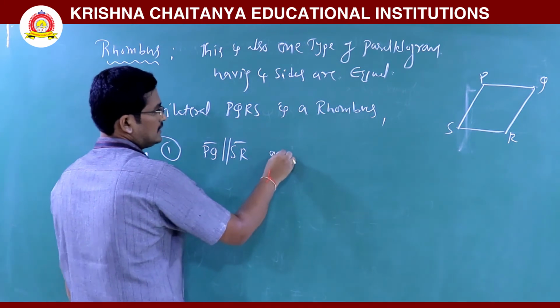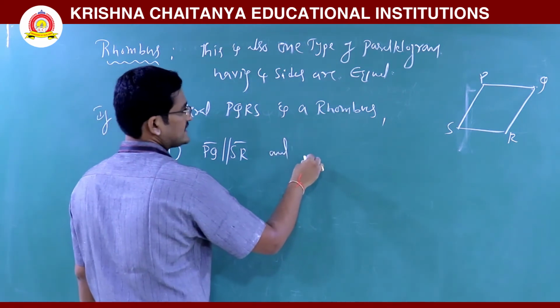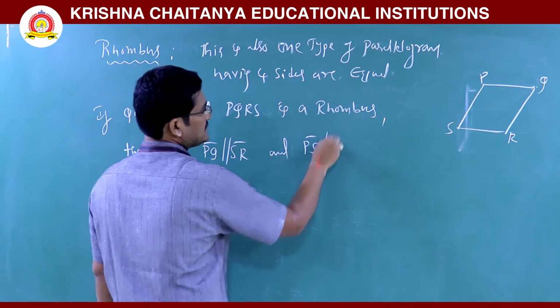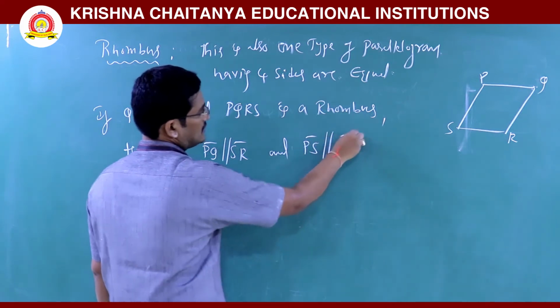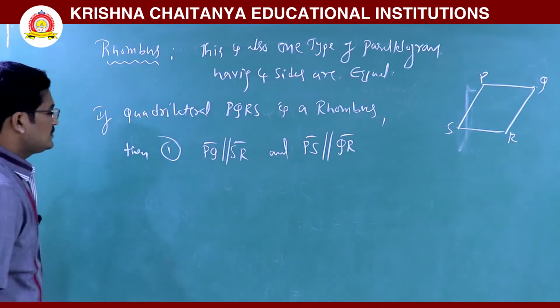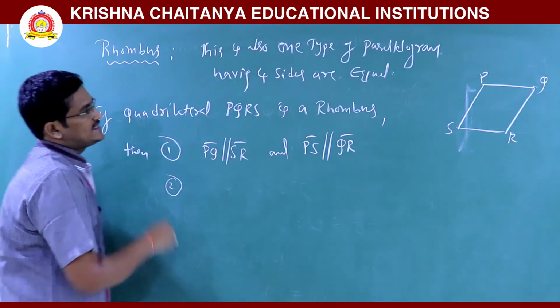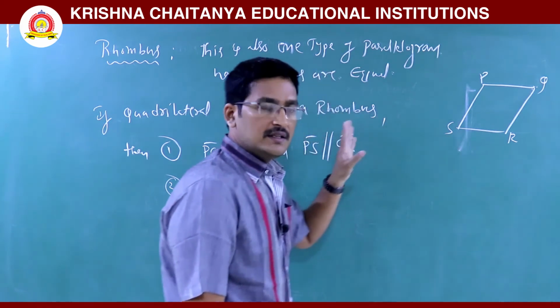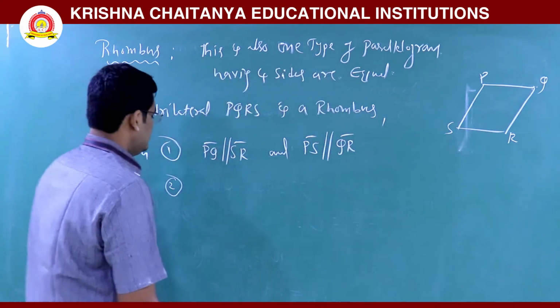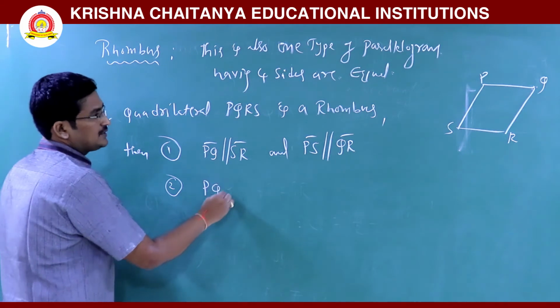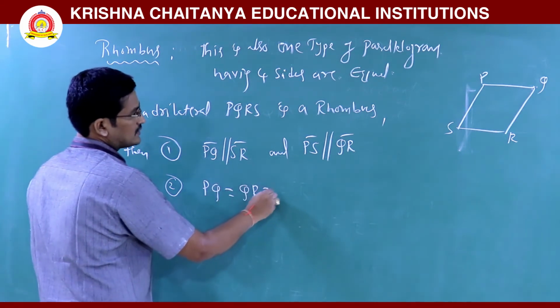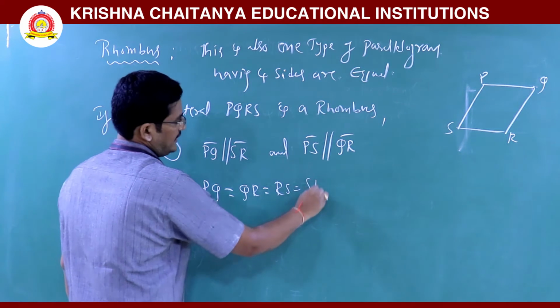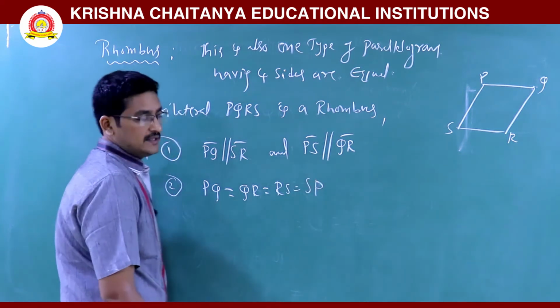And PS bar is parallel to QR bar. So here this one has four sides equal. So PQ is equal to QR is equal to RS is equal to SP. Four sides are equal here.